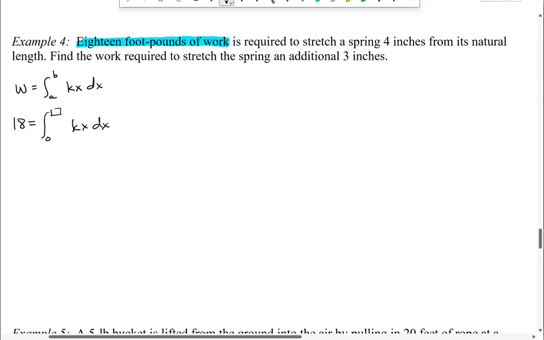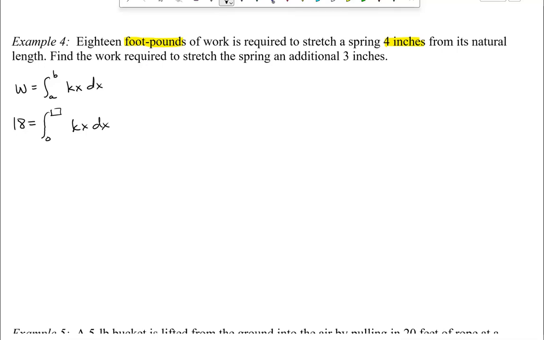Now, the reason I'm pausing here is I want you to notice that they told us that 18 is measured in foot-pounds, but the spring is stretched 4 inches from its natural length. So we need to reconcile these different units.